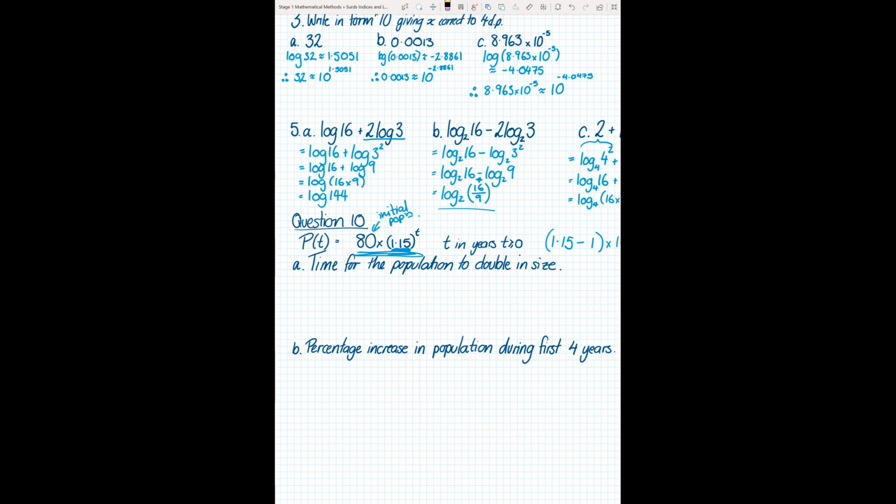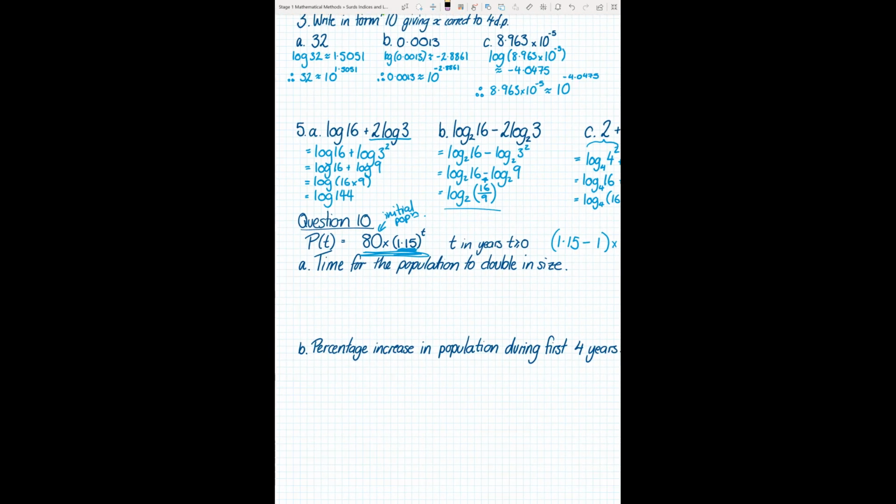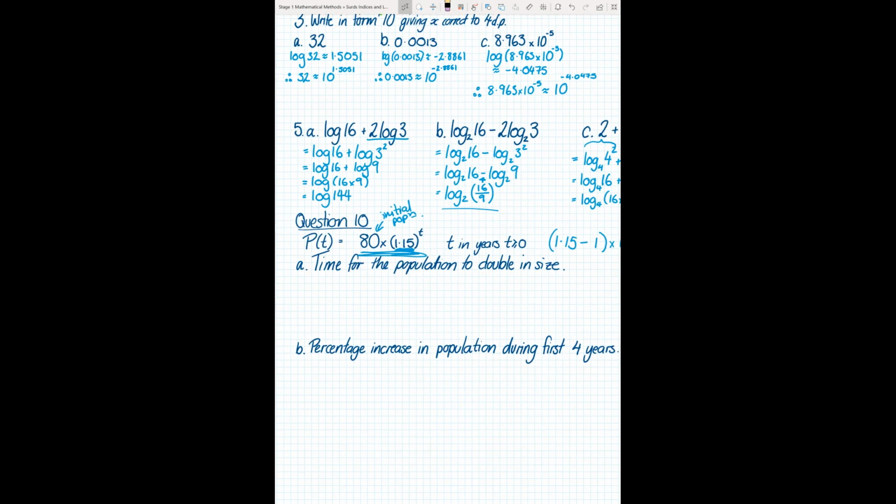Okay, so we know it's a growth problem. We know it's an exponential problem. So what is the question asking us? What is the time for the population to double in size? Now we know that our population initially is equal to 80 seals. So 2 times our initial population is 160 seals.